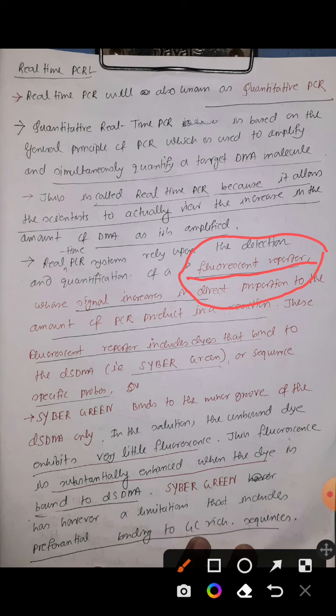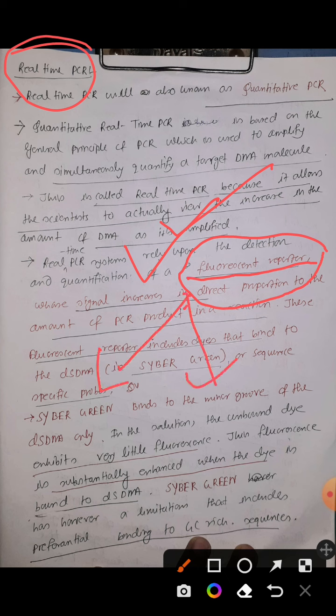These fluorescent reporters are the main players of real-time PCR. Here we are using two kinds of fluorescent reporter. One is a fluorescent dye, and another is a sequence specific probe. SSP stands for sequence specific probe.